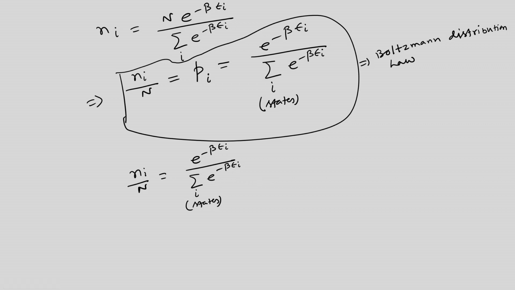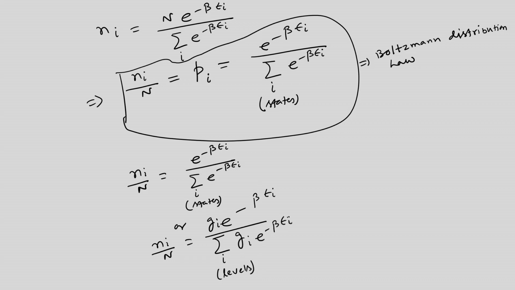So, this is for our states. If we consider degeneracy, we can write n_i by N is g_i e to the minus beta epsilon_i by sum over i, where here i is the sum over levels, g_i e to the minus beta epsilon_i.